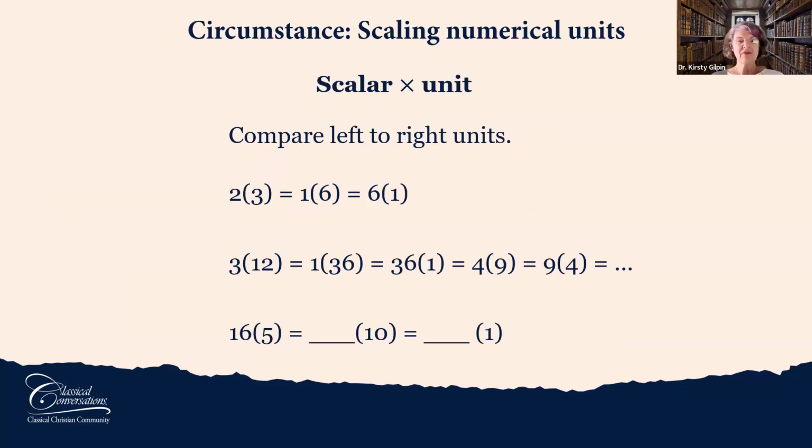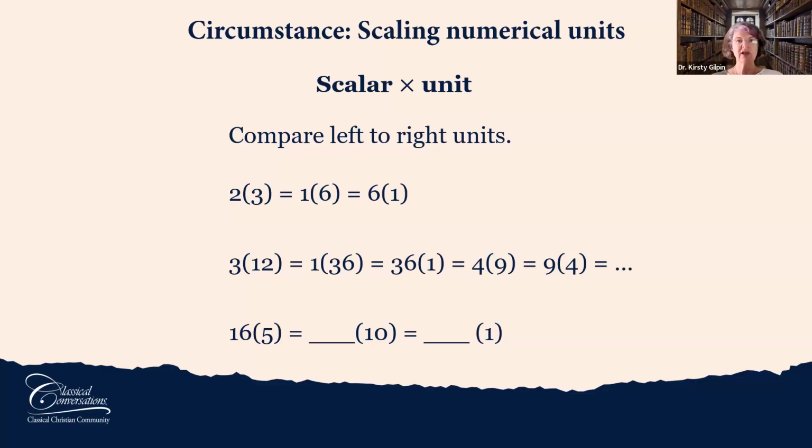So let's think for a minute about circumstance. I use that because in the math map, we've talked before that we always say scalar times vector, usually. This time I've written scalar times unit. So what matters is the order. Because of the commutative law, we know that the result is the same.